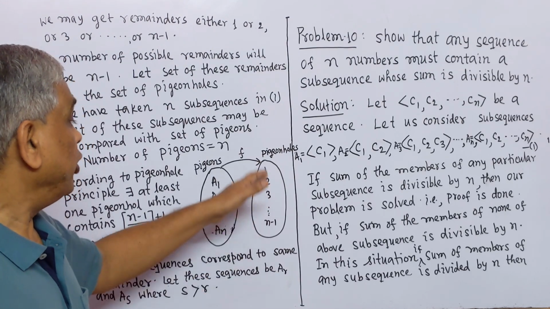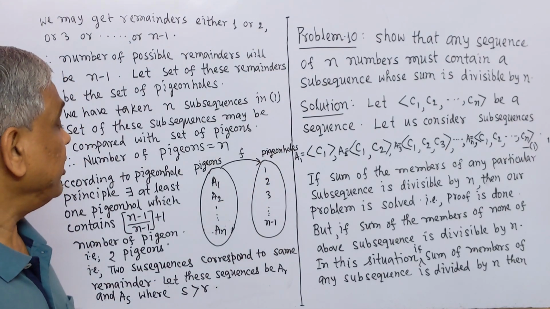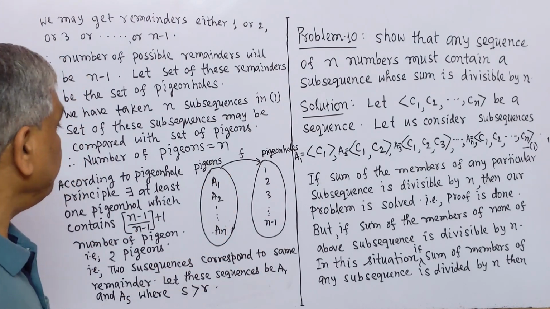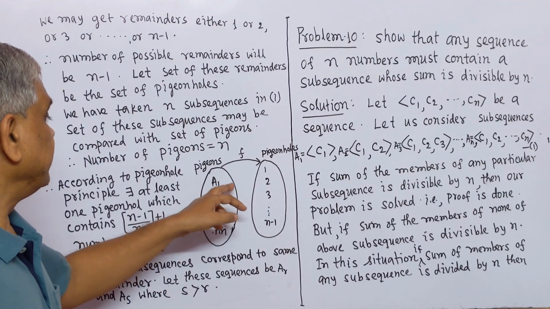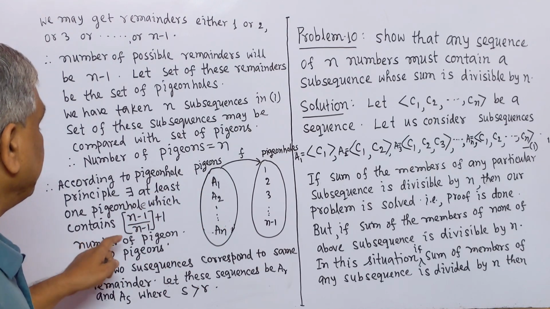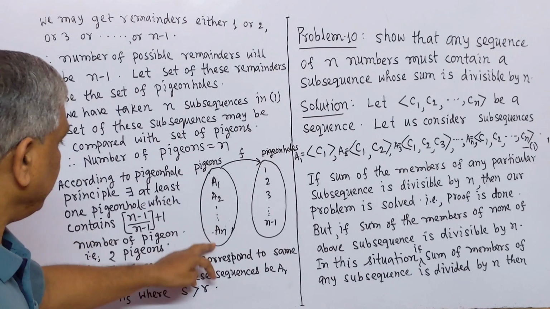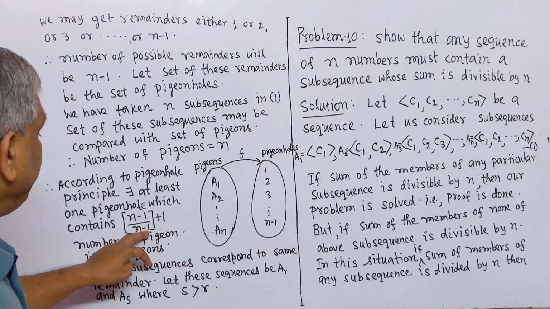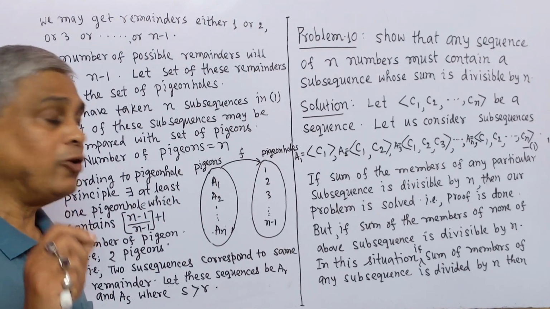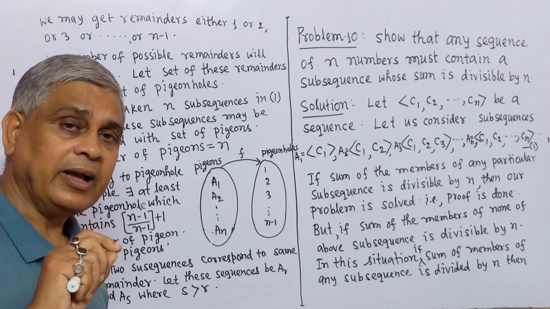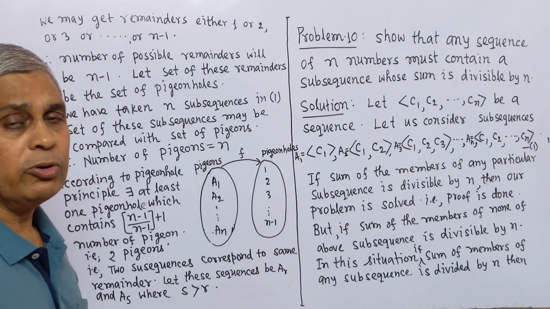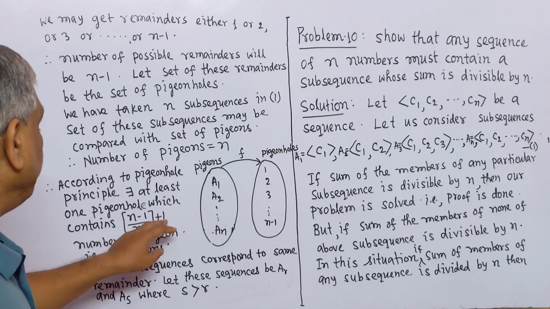Here it is not divisible by n, so the remainders will be 1, 2, 3, ..., n minus 1. Therefore, by the pigeonhole principle, there exists at least one pigeonhole which contains the greatest integer of (n minus 1) divided by the number of pigeonholes, plus 1 pigeons. That is, that pigeonhole will contain 2 pigeons. The value of this is 2.